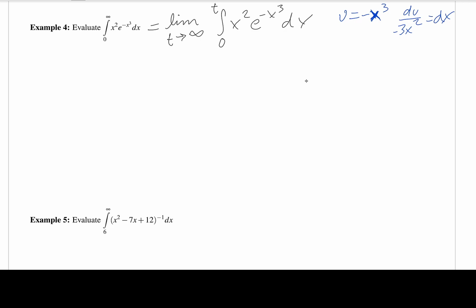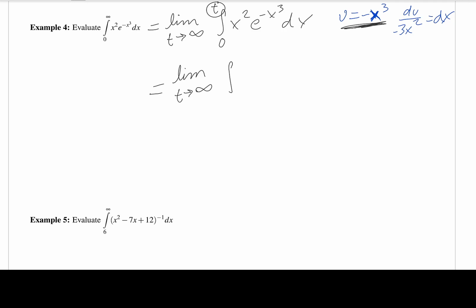Now, when we plug back in our u substitution, we need to be careful. The one thing that a lot of people are going to miss, and it's going to be really infuriating to all of us, is that we forget to change our limits of integration. We need to plug this t in for x in our u formula.